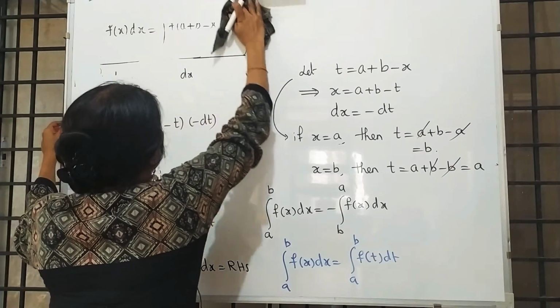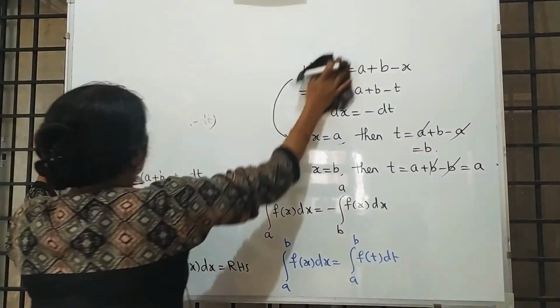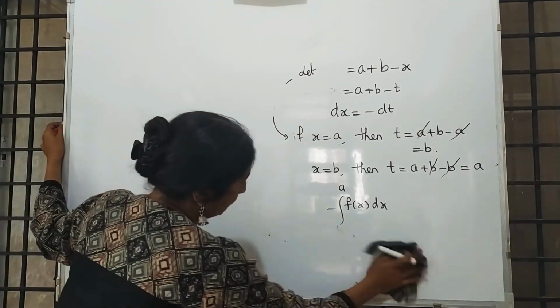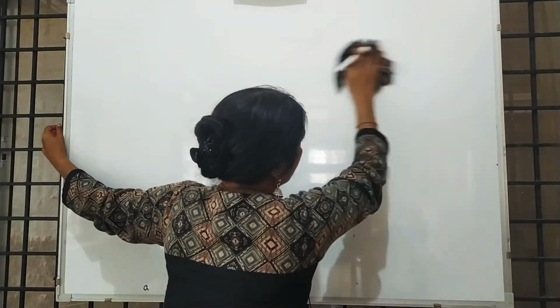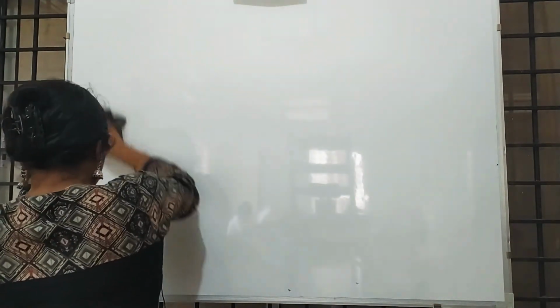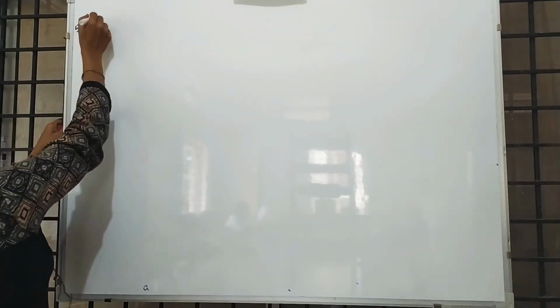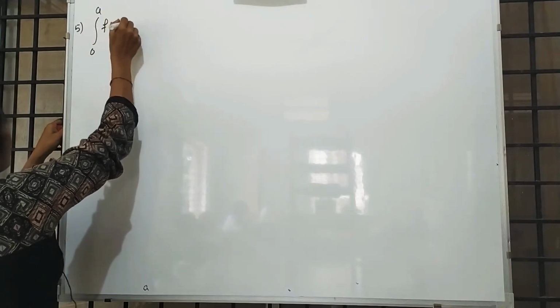Moving to the next question, that is the fifth one. This is a modified form, a particular form of the fourth one. Fifth one: integration from 0 to a of f of x dx.